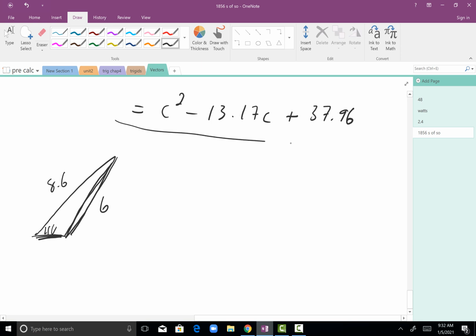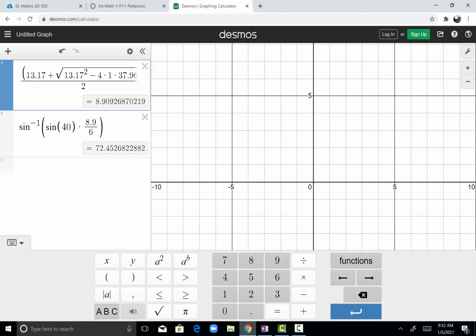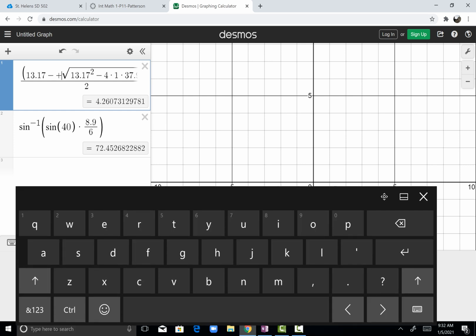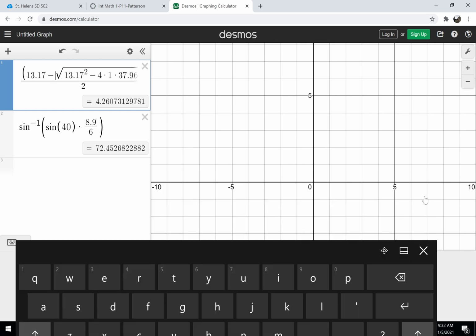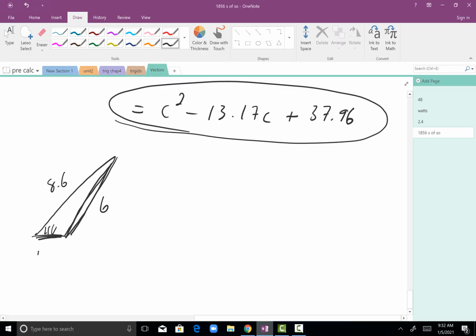But we already have it set up. All we need to do is go to Desmos and change this plus to a minus. 4.26. That's exactly what that is. I don't even have to do any work, I just got to change the plus to a minus.